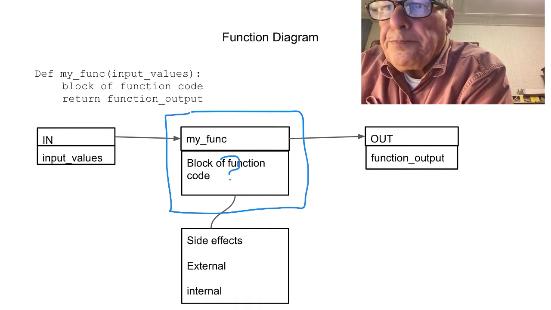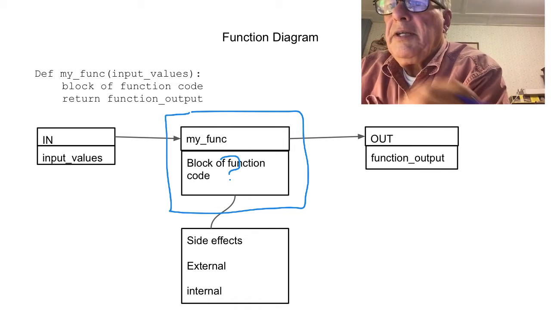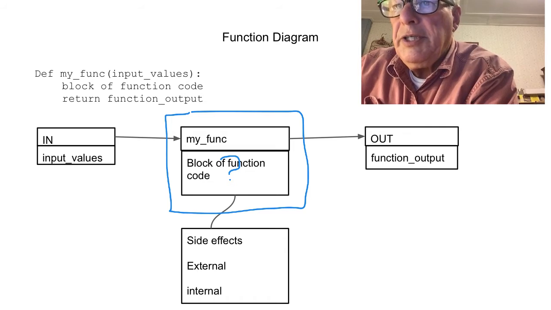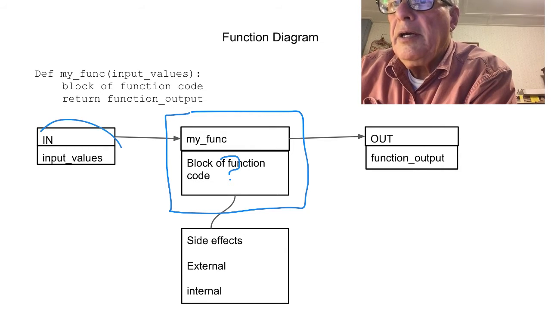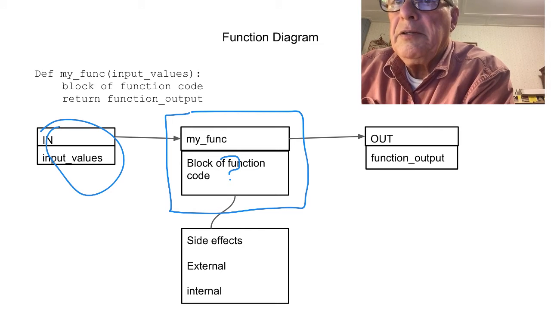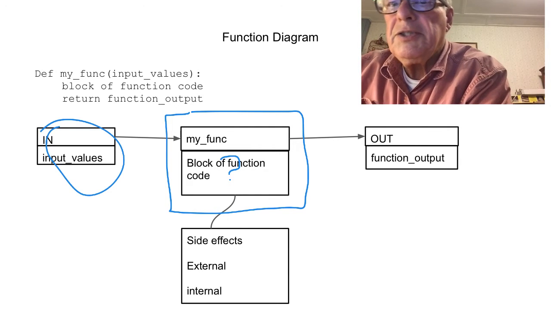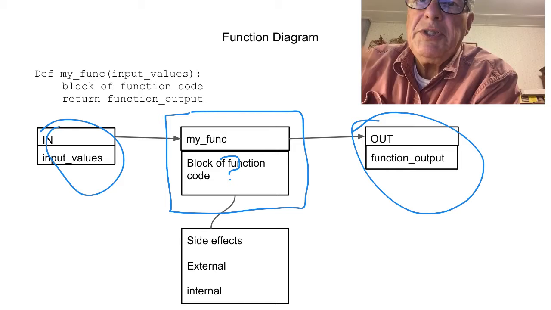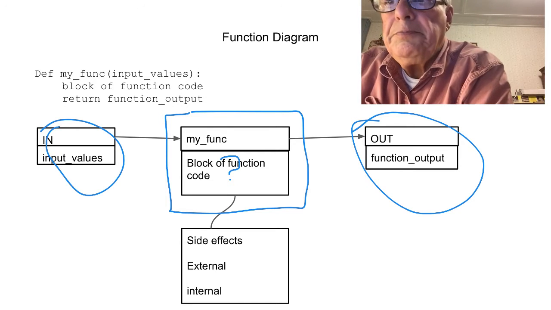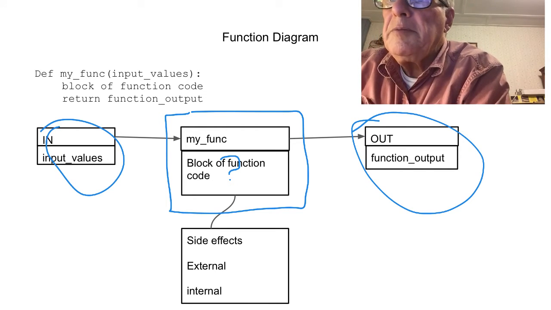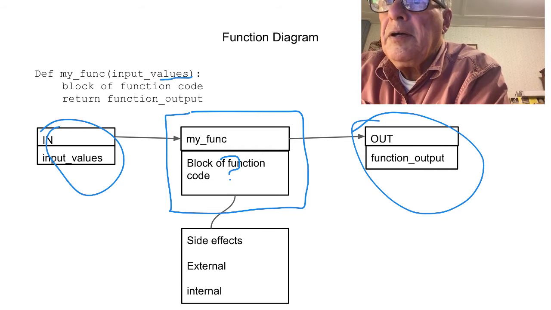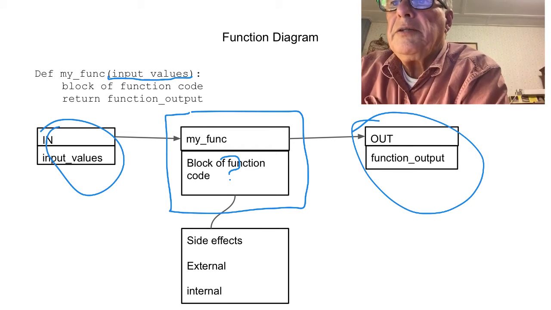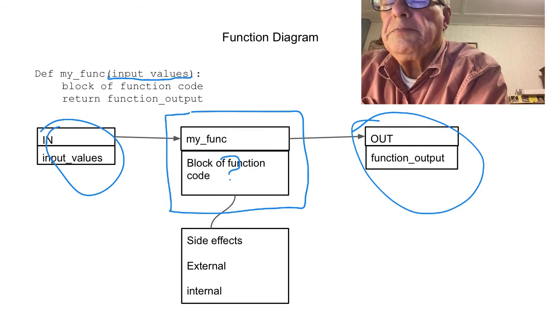What's important is to think of it as a process or a system where you supply input into the function, and it does its thing, and then it spits out some output. The input comes in the form of arguments that are supplied to the function when it's called.